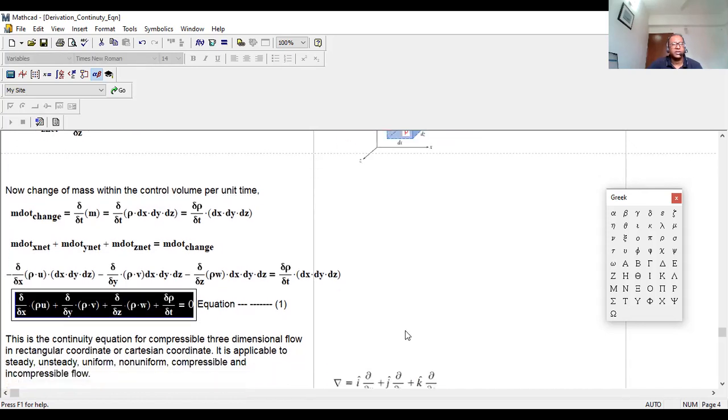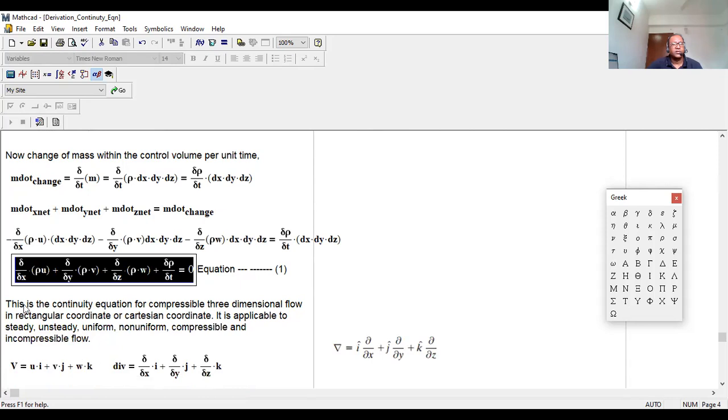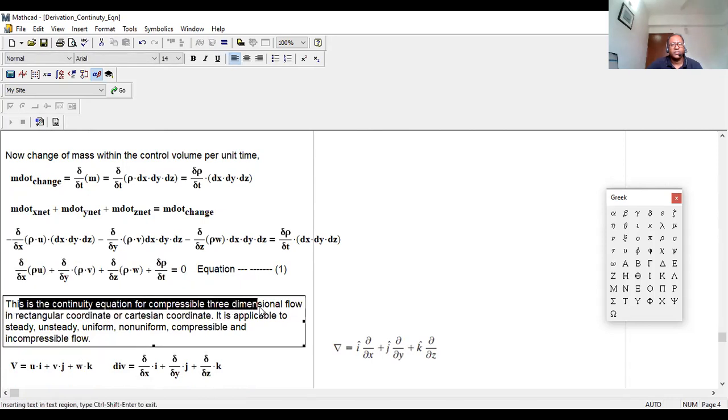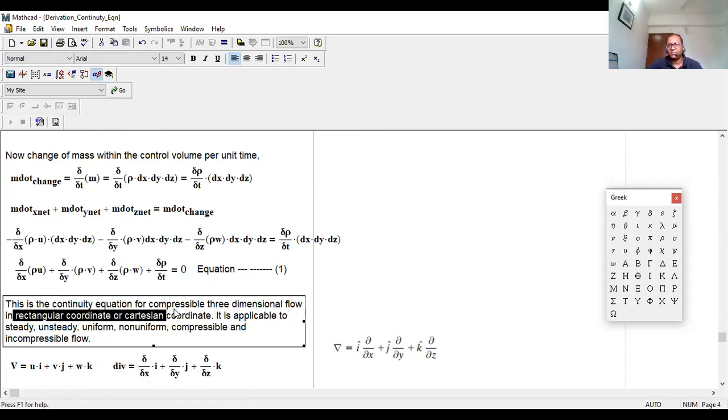This equation is called the continuity equation for compressible, three-dimensional flow in rectangular coordinates.